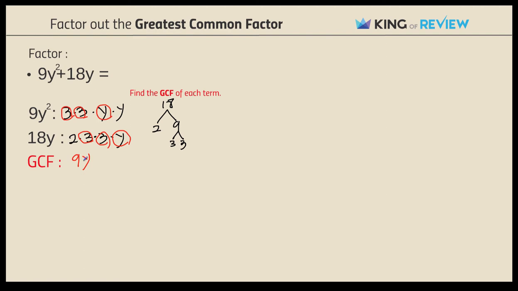Okay, now we found the GCF, and then write each term as the product of the GCF and the remaining factors. So write down the GCF 9y times the remaining factor y, plus the GCF 9y times the remaining factor, that is 2.